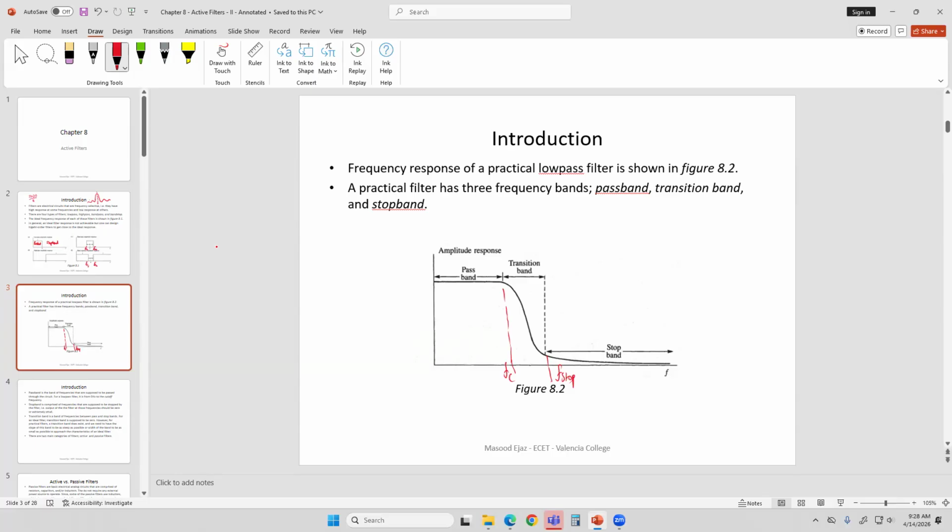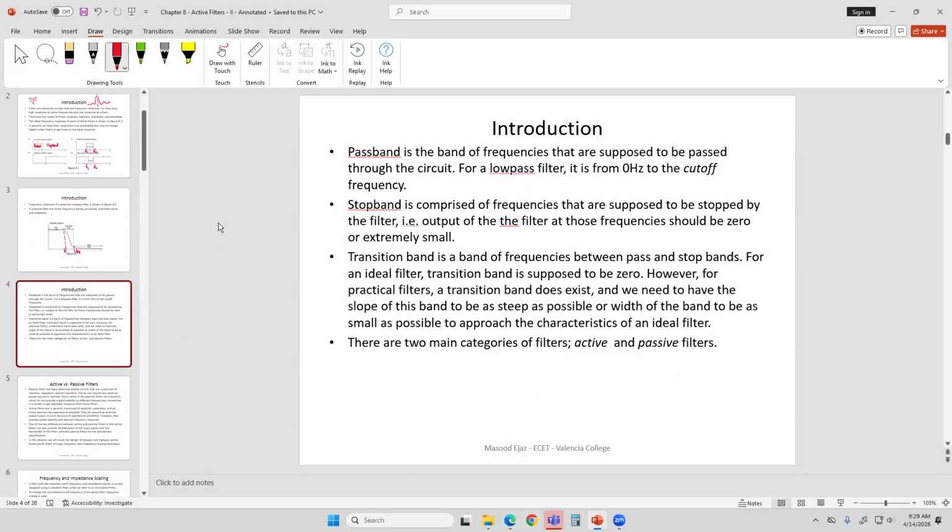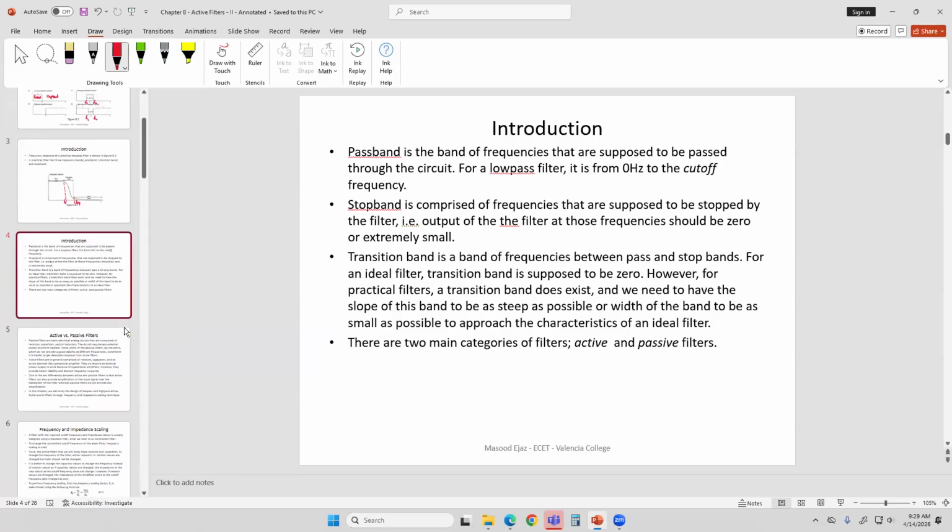And it will also let other frequencies pass through the filter that are not required, because when it is going down, if this slope is not very sharp, then some of the values of the input signal are also going to be transmitted to the output, although we may not want those values outside the cutoff frequency. So we want this transition band to be as steep as possible. So this is pass band, stop band, and transition band, just the discussion of the three bands.